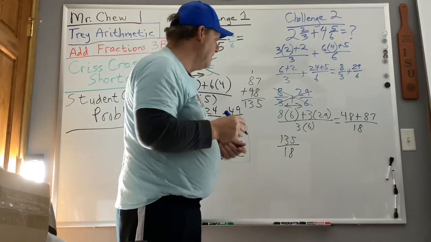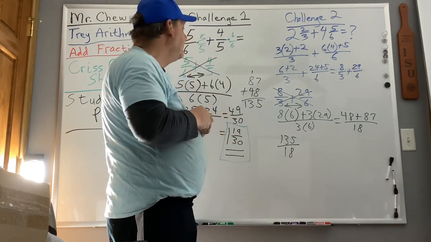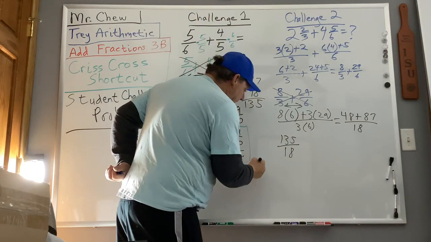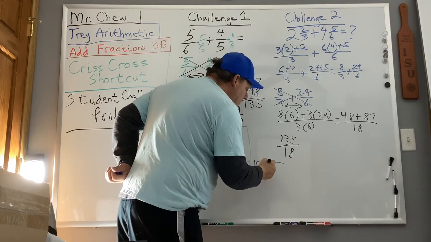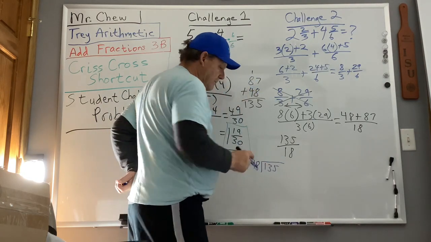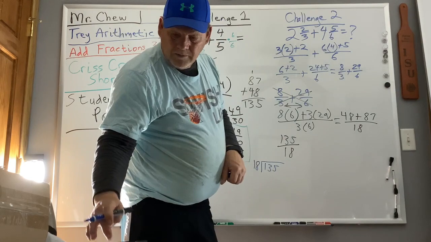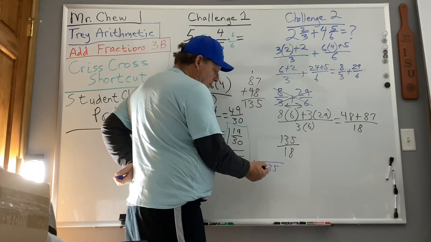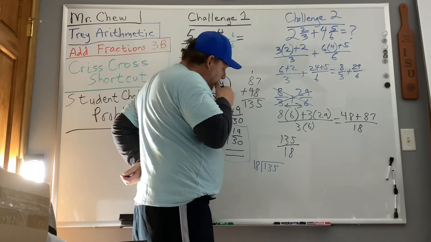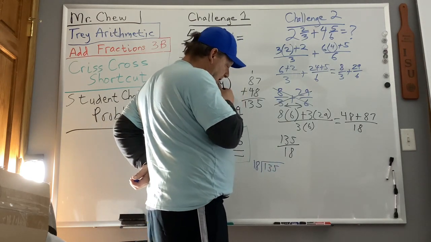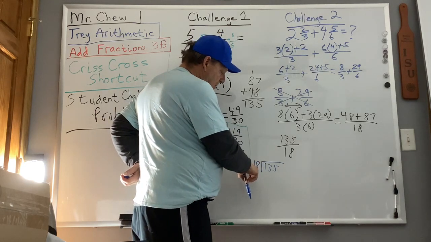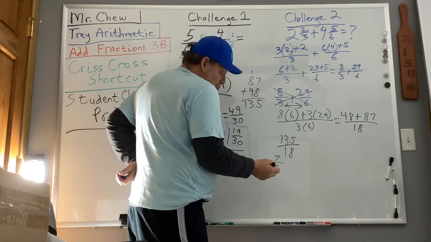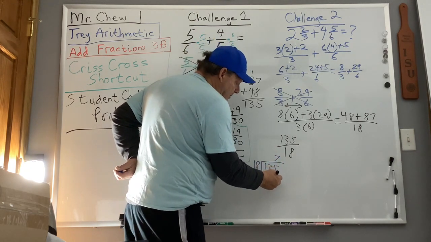So now this is an improper fraction. So I can take now and divide my 18 into my 135. So 18 cannot be divided into 1 or 13, but into 135, let's see, 6 of them will be 108. So I think it's going to be 7. Let's try and see. 7 times 8 is 56.